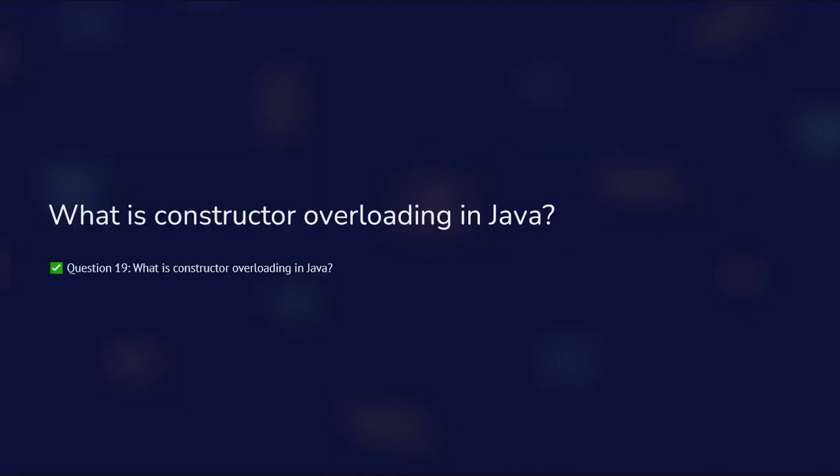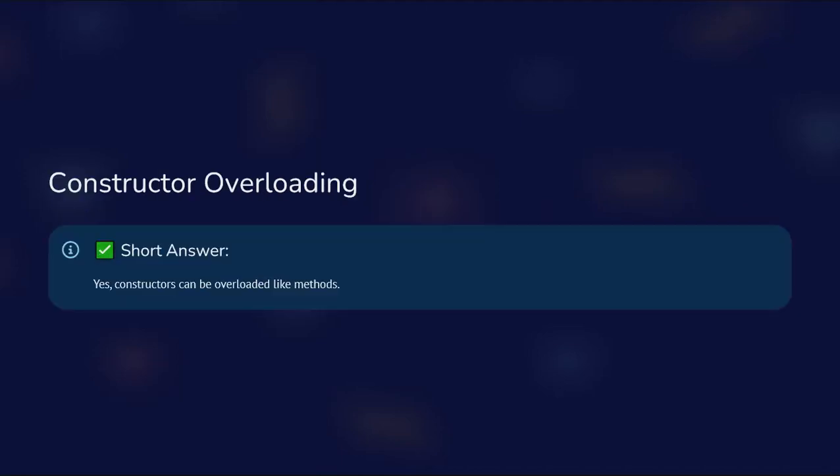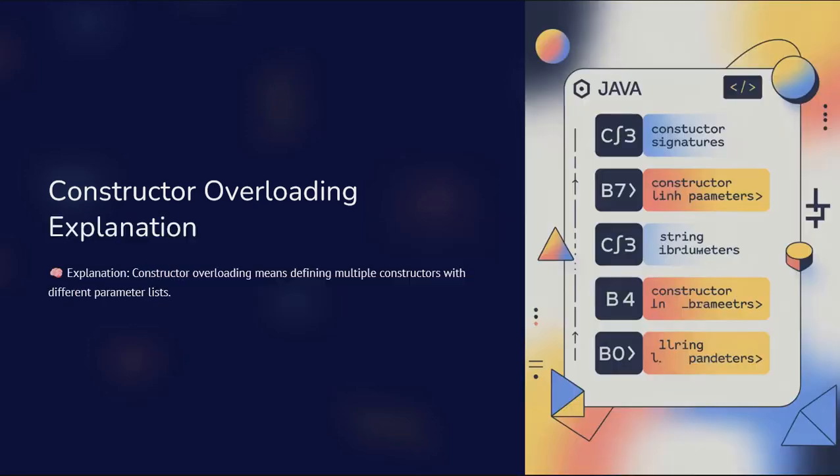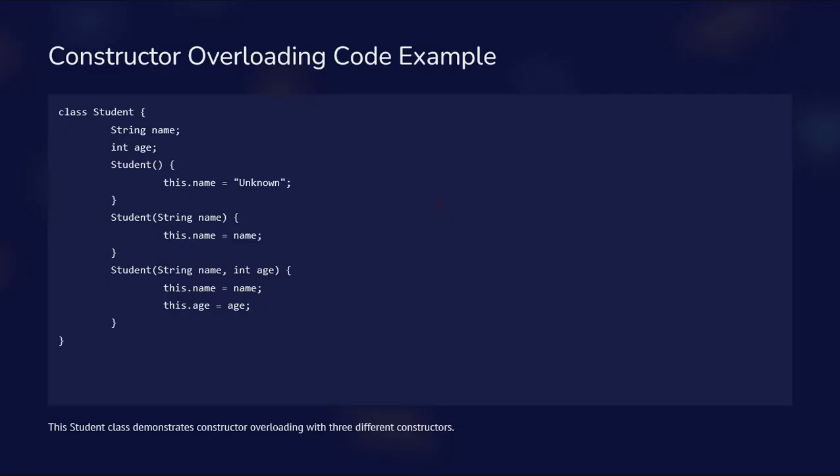Now again another important question, what is constructor overloading in Java? Short answer is yes, a constructor can be overloaded like methods. The explanation would be, constructor overloading means defining multiple constructors with different parameter lists. Here you can say that the Student class has two variables, name and age.